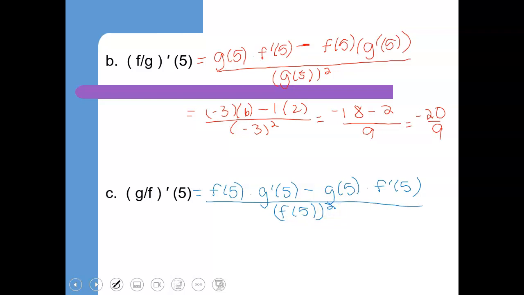Now remember, when you're squaring the denominator, you're plugging in the original, not the derivative. F of 5 is 1, g prime of 5 is 2, minus g of 5, which is -3, times f prime of 5, which is 6, all over, thank goodness, 1 squared. So now I have 2 plus 18 over 1, or 20.